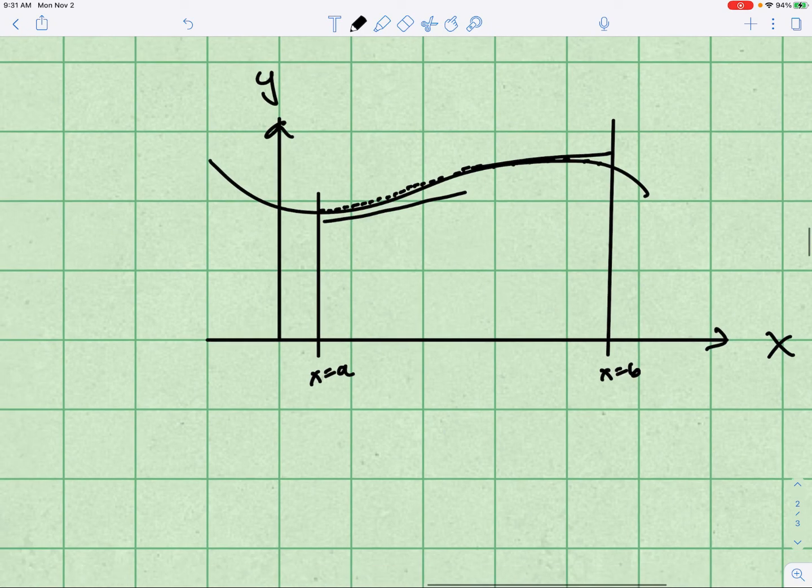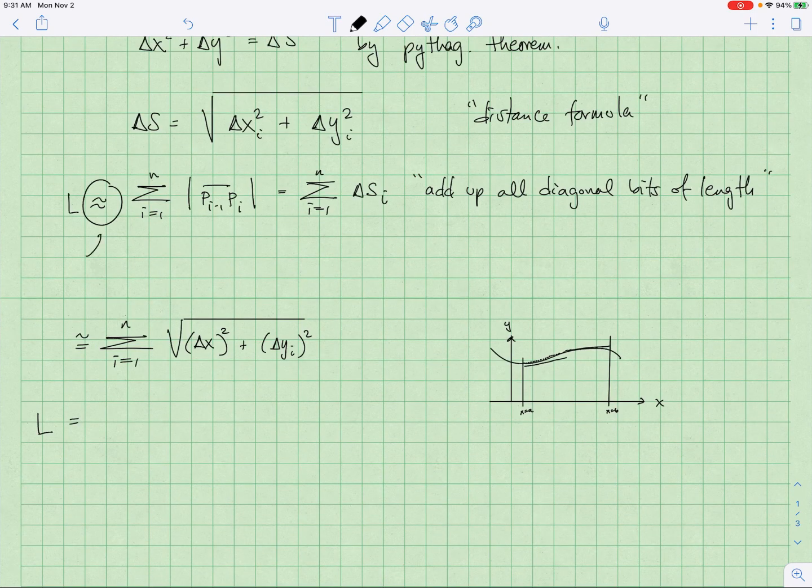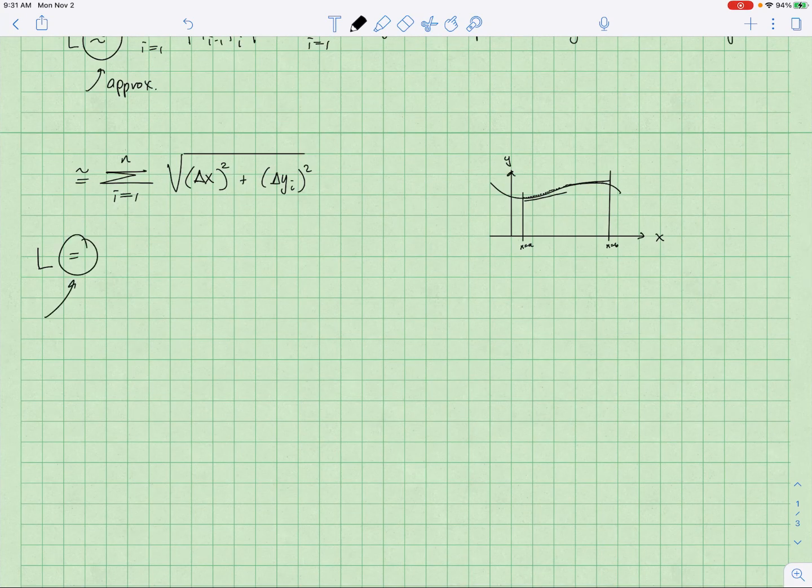And the smaller they are, the better, until the actual arc length is, so let me stress this, this was an approximation. But now I have actual equality if I take the limit as the number of little segments tends towards infinity of the sum from i equals 1 to n of the square root of delta x squared plus the delta y sub i's squared.